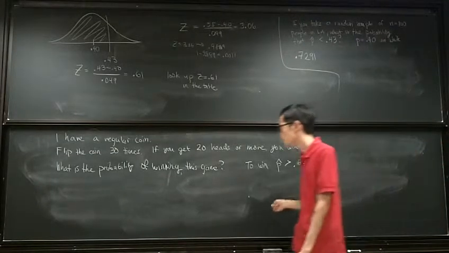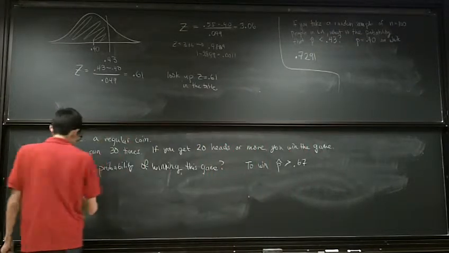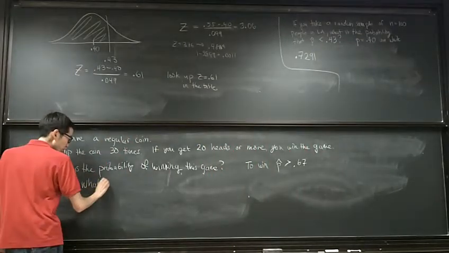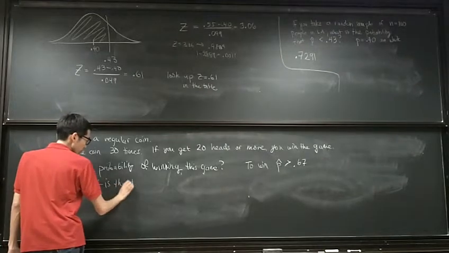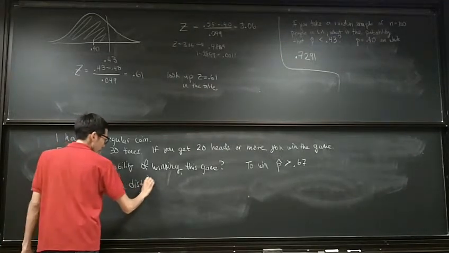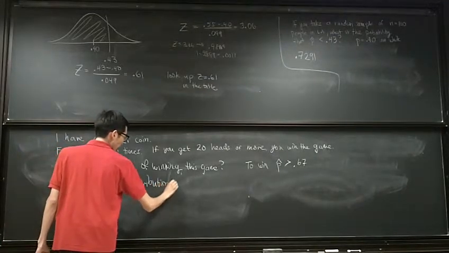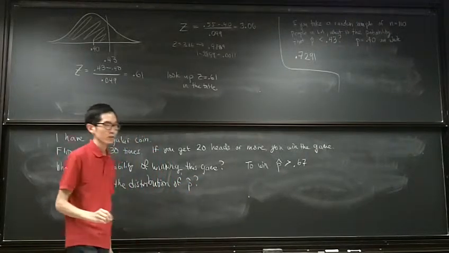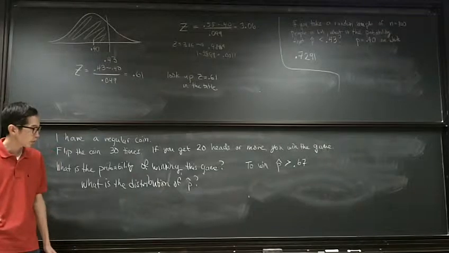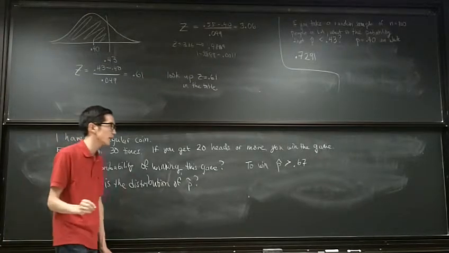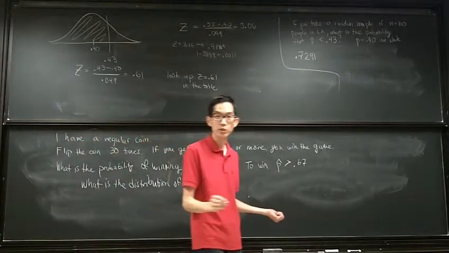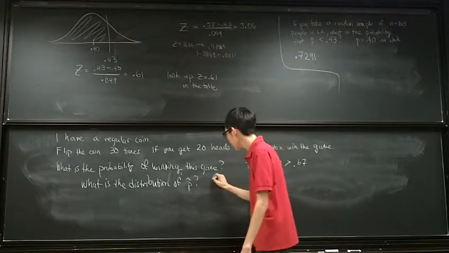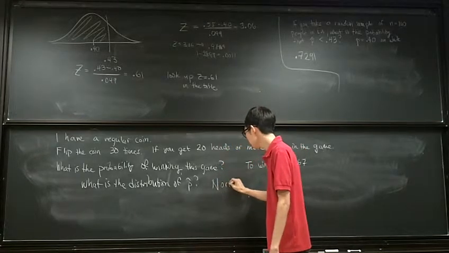What is the distribution of p hat? Is it 0.5? That's not the distribution of p hat. It's the center of the distribution. So p hat is going to follow a normal distribution.